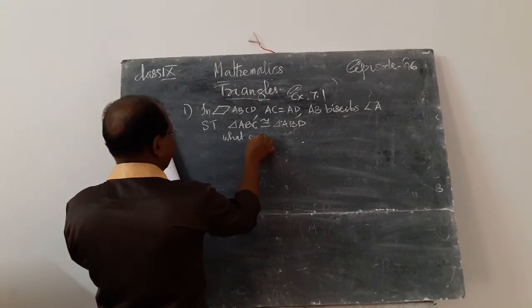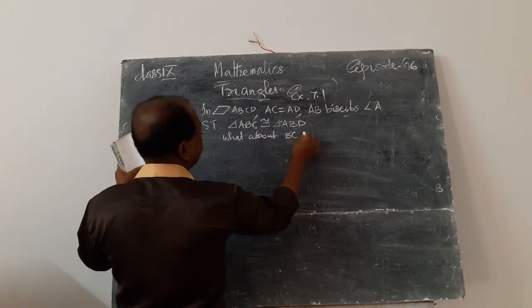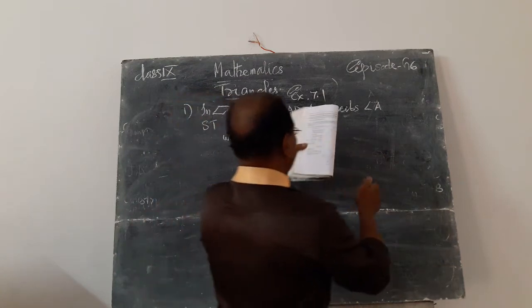What about BC and BD? Then draw the figure.